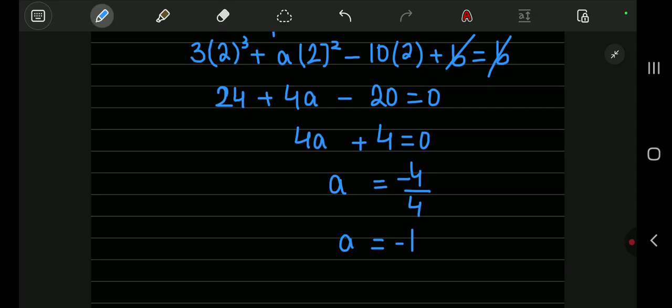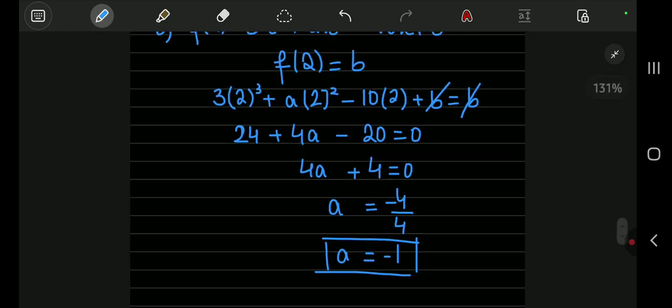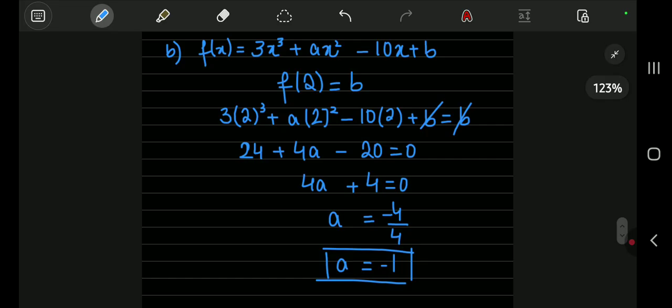This is your a. Now you will put it back in your function to get your b.